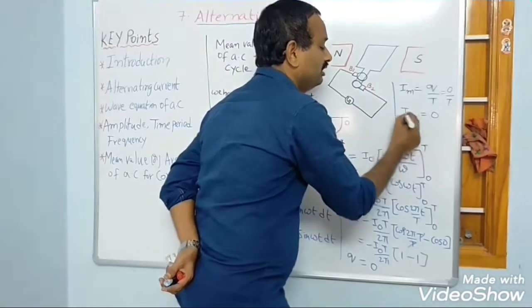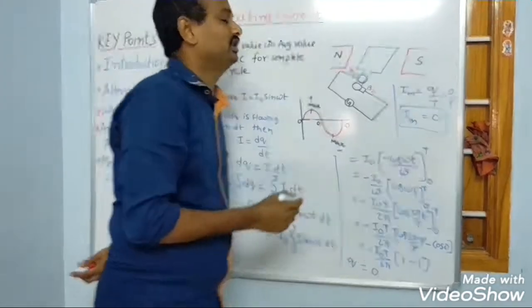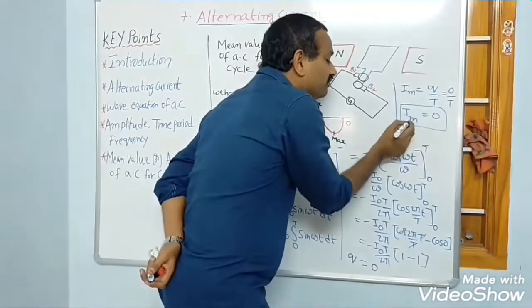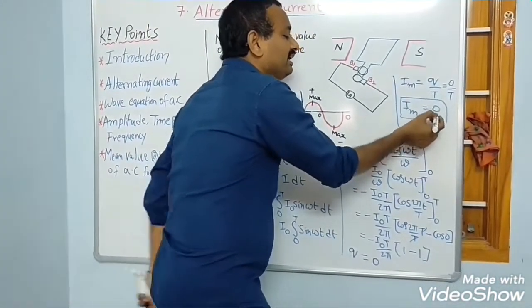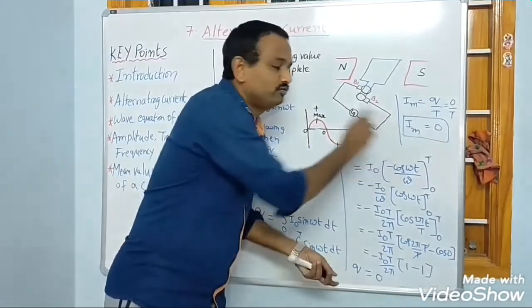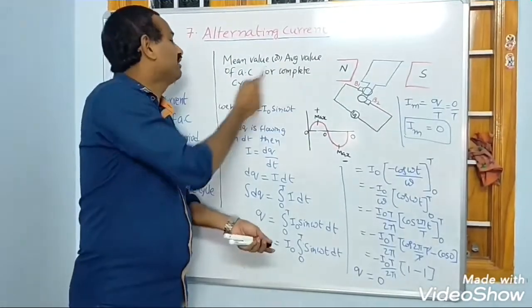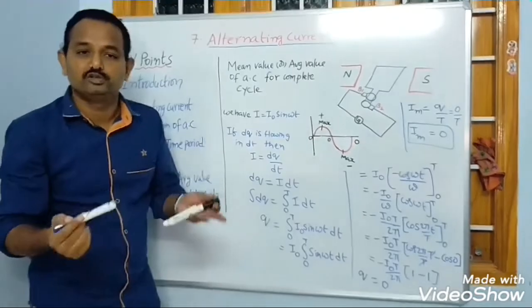So I got I mean or I average, that means mean value of current or average value of current for a complete cycle is 0. That's about proof for mean value or average value of alternating current for a complete cycle is 0.